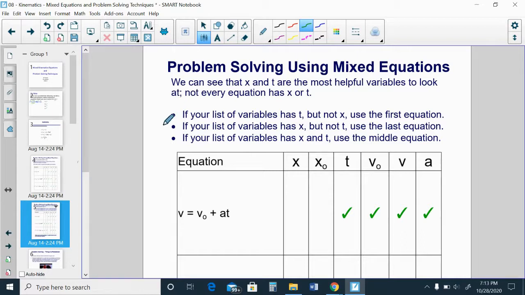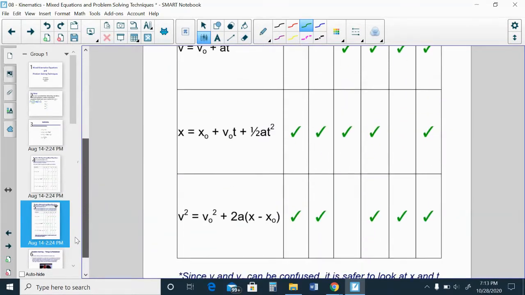As a general rule of thumb, x, which is position, and t, time, are the most helpful variables to look at. Not every equation has position or time within it. If your list of variables has time but not position, use the first equation. If your list of variables has position but not time, use the last equation, the third kinematics equation.